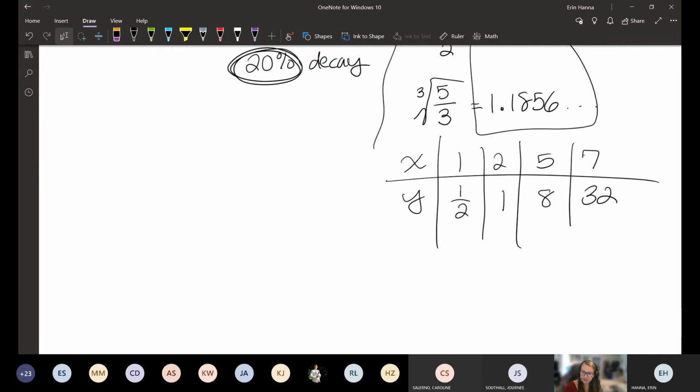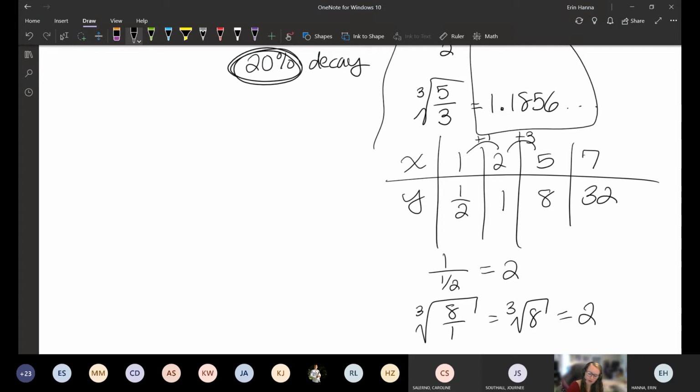So if we want to tell if this is exponential, the first set increases by 1, so we just need to look at the ratio. We have 1 divided by 1/2, which is equal to 2. The next set increases by 3, so we need to take the cube root of the ratio. We have 8 over 1, so the cube root of 8, which is also 2.